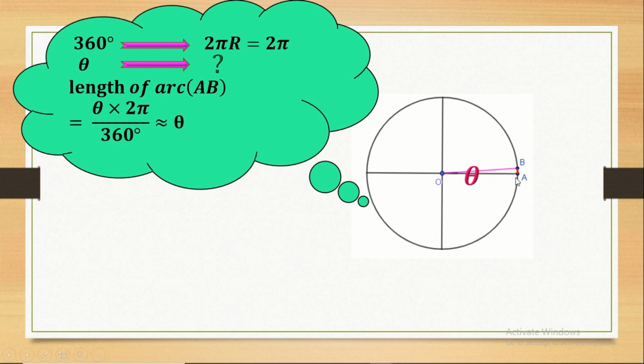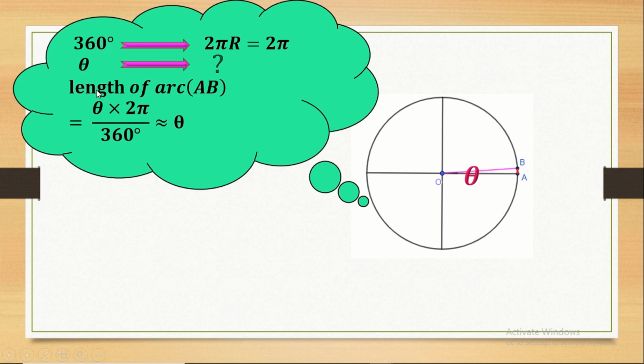Well, what's the length of the arc AB? If we remember, the perimeter of a circle is 2 pi r. The circle represents for us 360 degrees. 360 degrees give us 2 pi r, but the radius of a trigonometric circle is 1, so 2 pi times 1 is 2 pi. Now the angle theta, which is here approximately 0, what length of the arc AB should it give us?